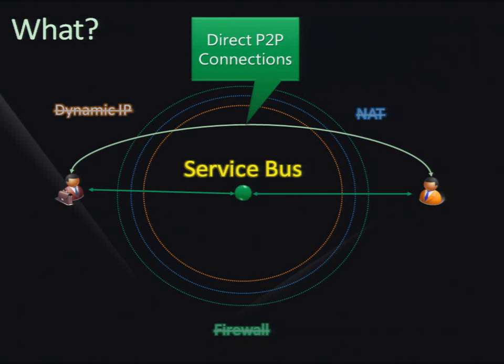What we'll also do, using an awesome networking trick that I'm not going to elaborate on, you're invited to watch my PDC talk, where I go into more detail on that. I just don't have enough time for it now. We're able to create direct peer-to-peer connections between two machines that are behind NATs and behind firewalls. First we start out with a connection that goes through the service bus, and then we probe the network, the NAT devices, in a certain way, predicting their behavior on the next connection.